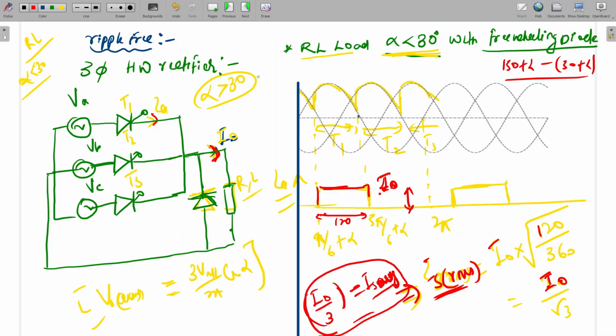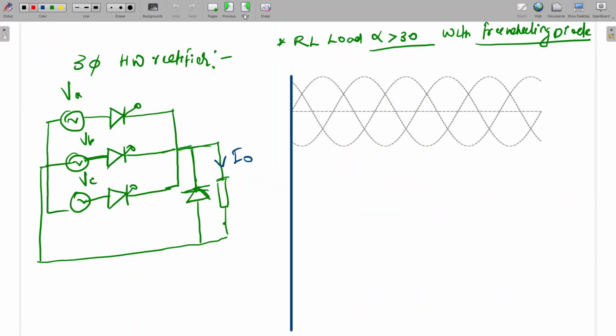So moving to the next part, alpha greater than 30, what will happen? First we'll draw the waveform. Let's say I am drawing for 60 only. So it will start here. What will happen here?